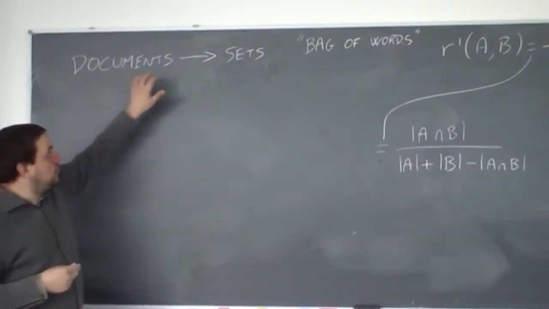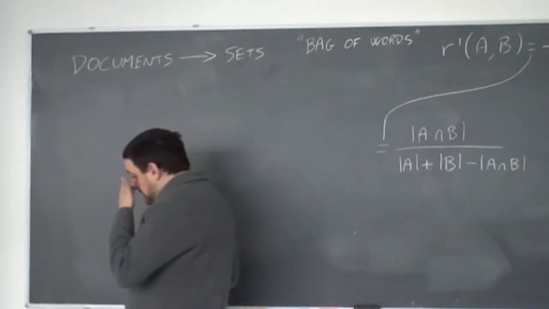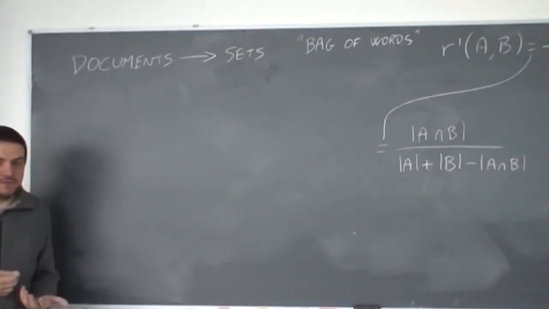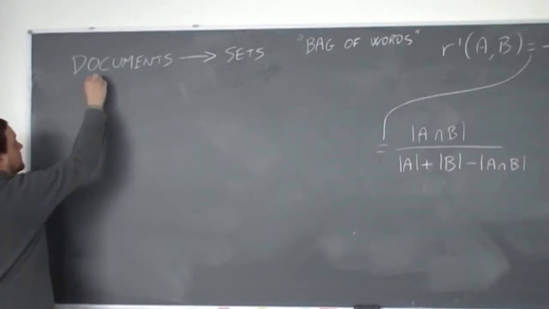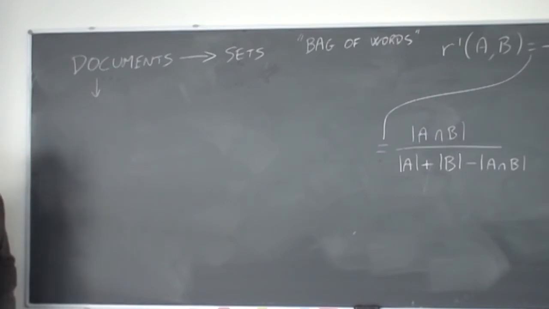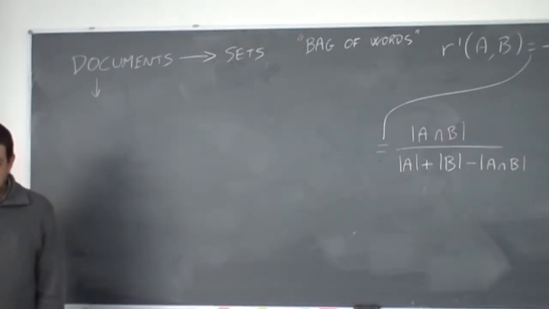How do you convert a document into a set? What are the steps that you need to do, starting from a document? First, you are interested in the printable words of the document.